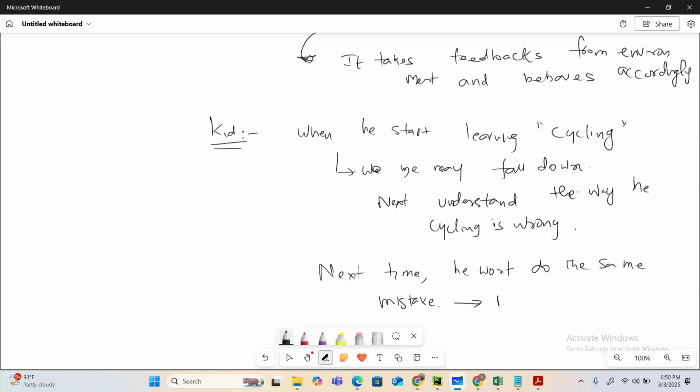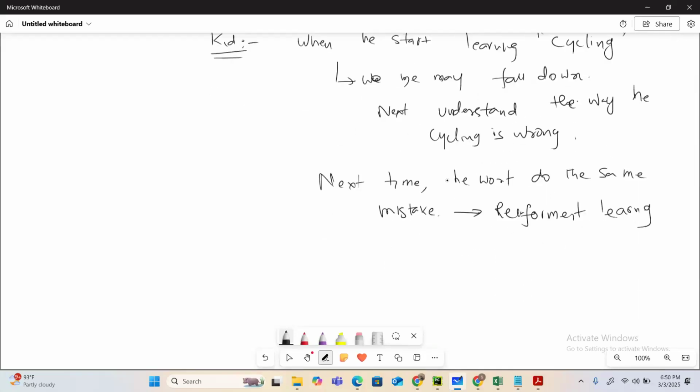So reinforcement learning learns from mistakes. Learning from mistakes is in the form of rewards.